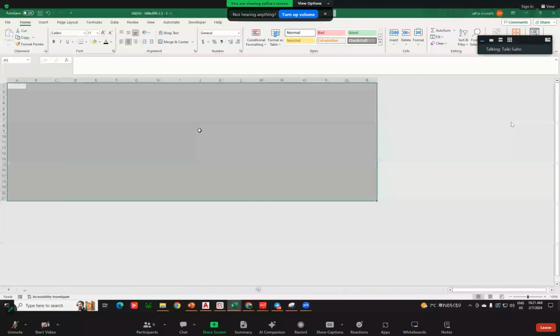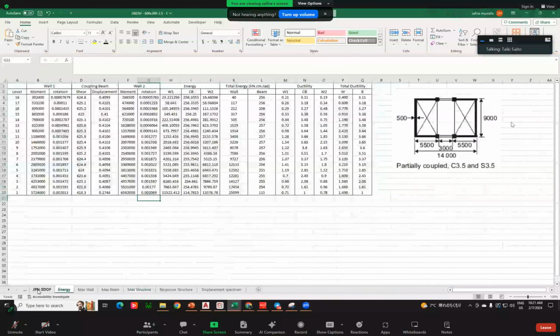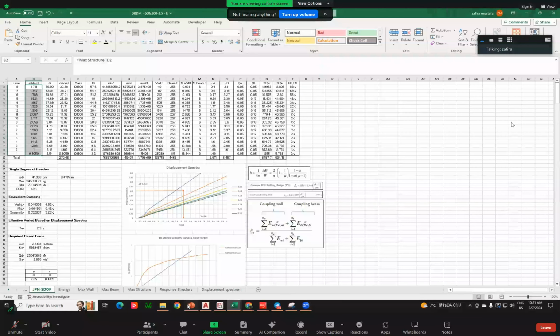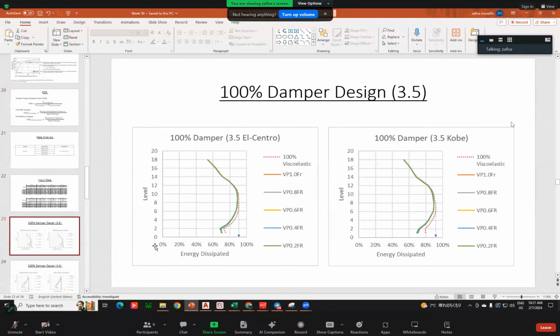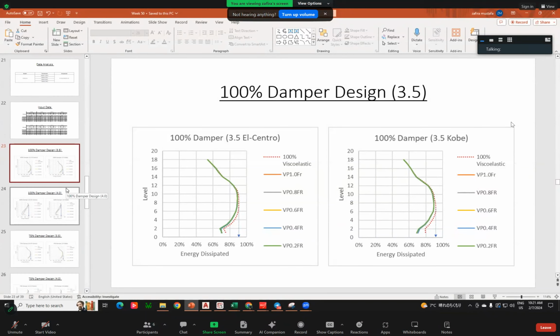Anyway, could you go back to your slide again? Slide 23. The reason this value doesn't change, this is energy dissipated ratio, right? The reason the value doesn't change is because of the definition of energy.